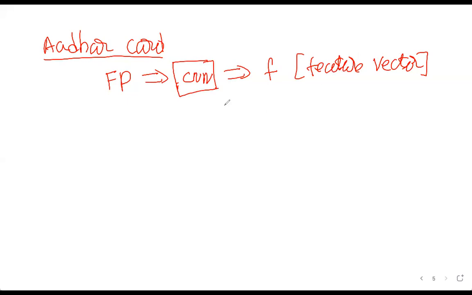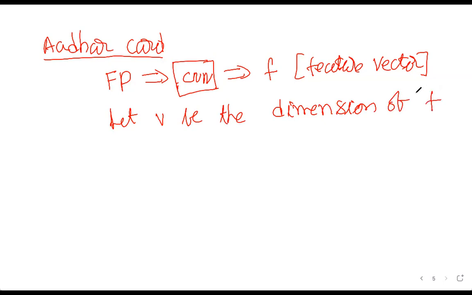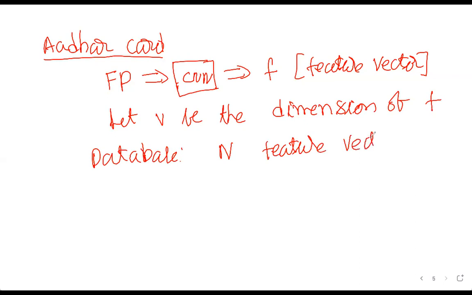Let small v be the dimension of F, the feature vector. Like v can be 256, 500, 1000, whatever it may be. Your database has n feature vectors, where n is the population of India.